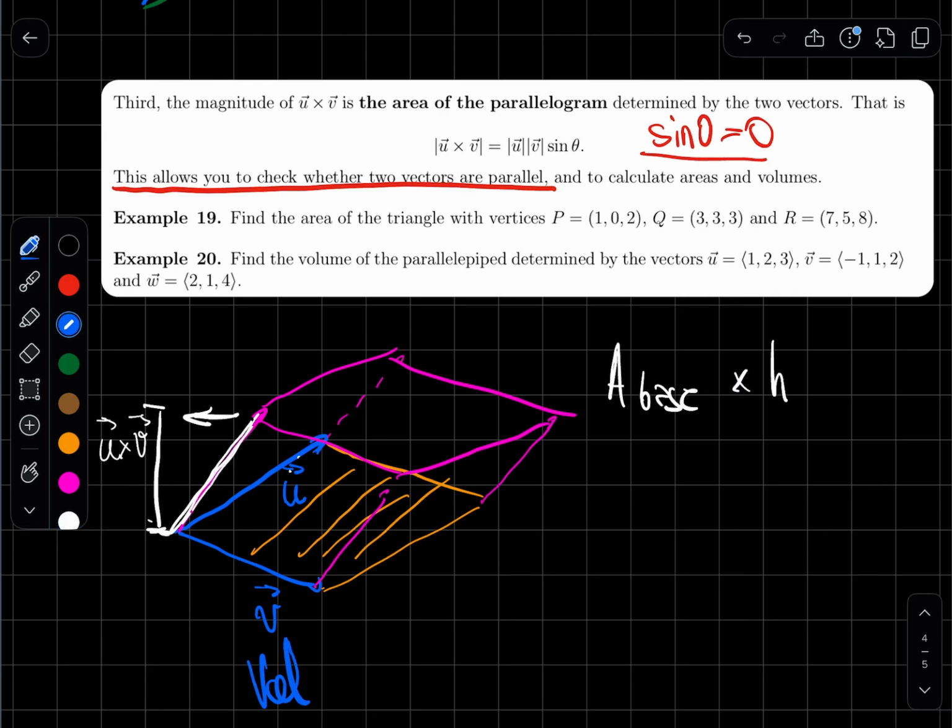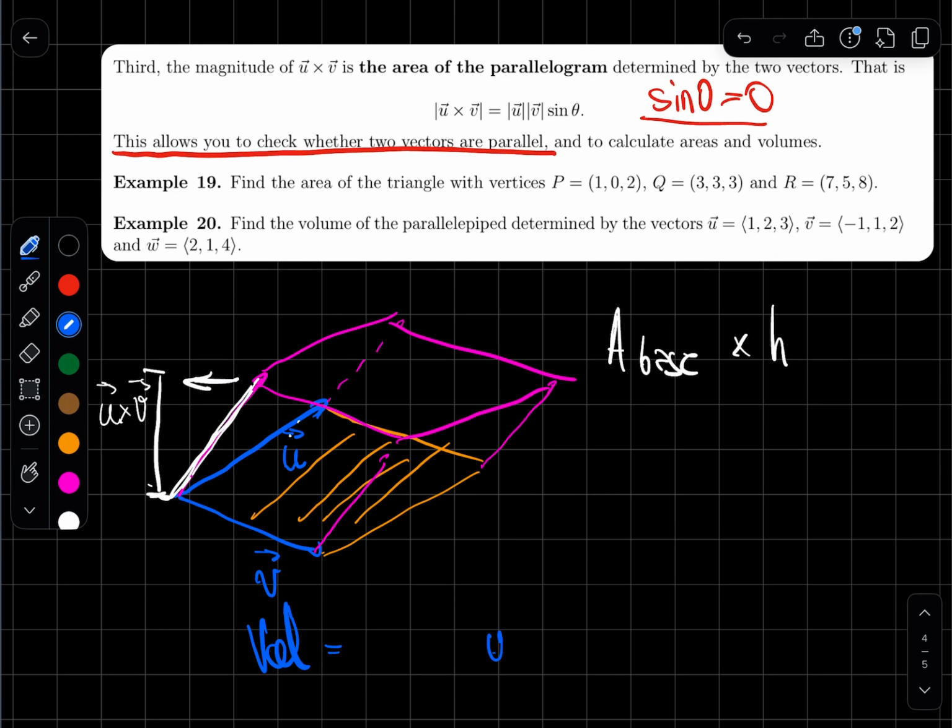So use both at once. The volume will be u cross v and then dot w. Of course, with absolute values, and then the order doesn't matter. So I'm going to do u cross v dot w like so, and get one number.